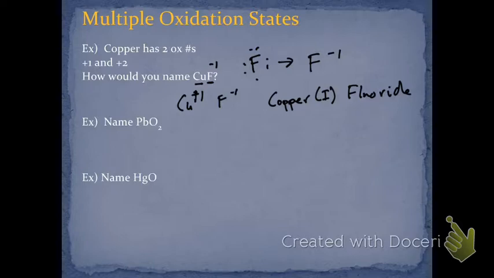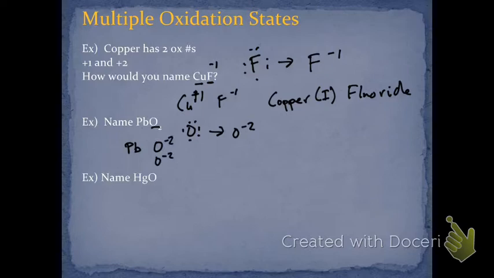Let's take a look at lead. This Pb is lead, and this is oxygen. So oxygen, we always want to figure out what's the charge on oxygen. Oxygen has 6 electrons, so it's always going to be O minus 2. To put lead and oxygen together, we know there's one lead and 2 oxygens, because of the subscript.